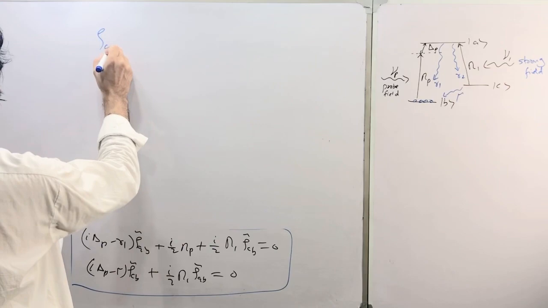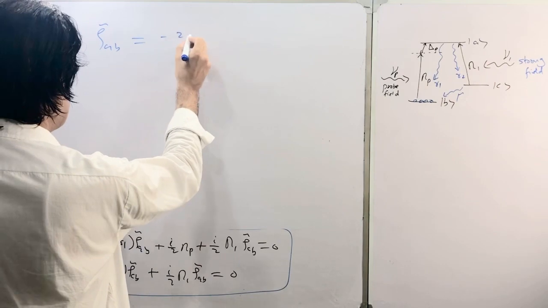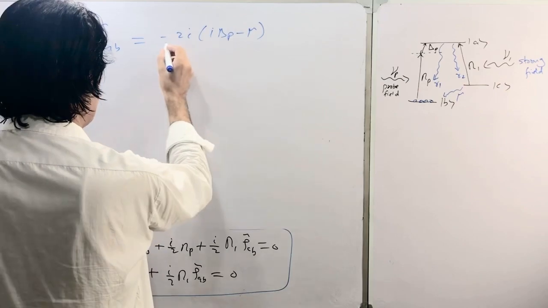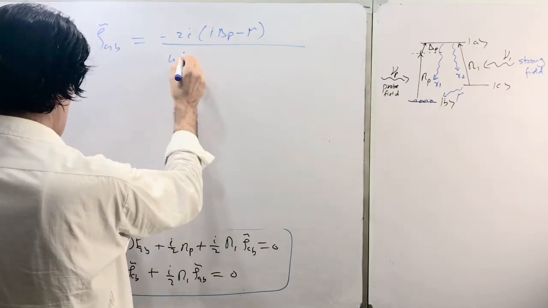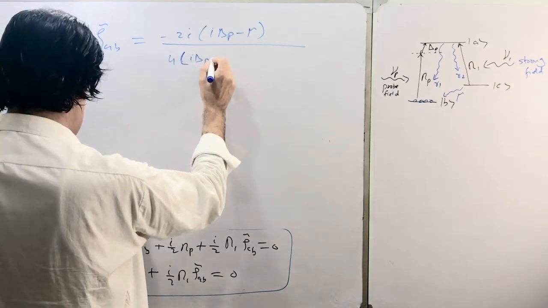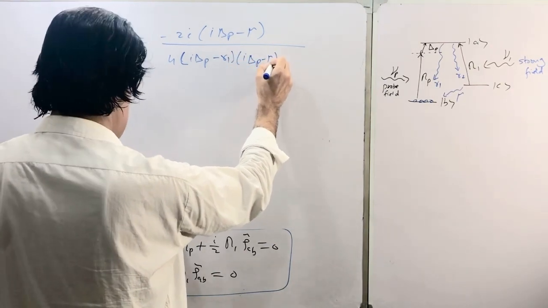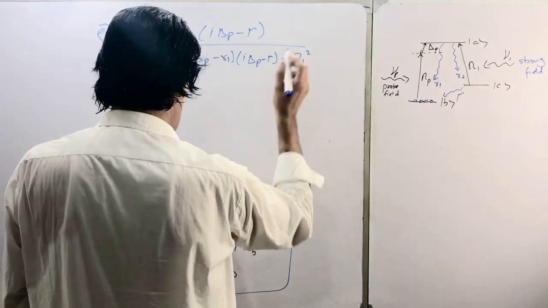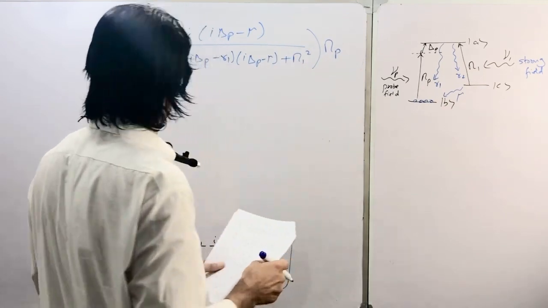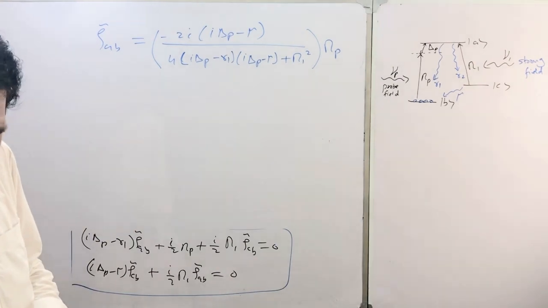And finally, you can find out minus 2 iota delta p minus gamma divided by 4 iota delta p minus gamma, 1 iota delta p minus gamma plus omega 1 square, and omega p as well. So this is the final equation that I have derived.